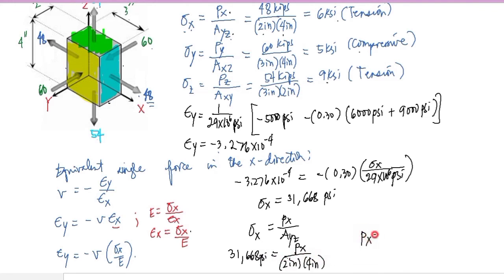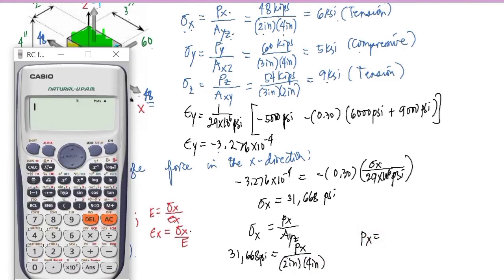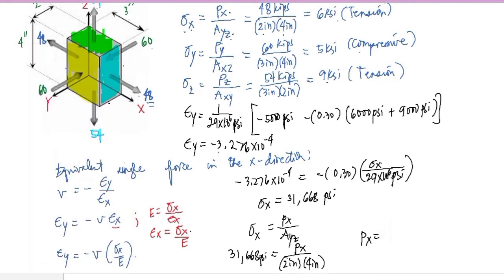So solving for the value of the P in X direction, we have 31,668 is equal to Px over 2 times 4. Shift solve equals, and we have 253,344 pounds.